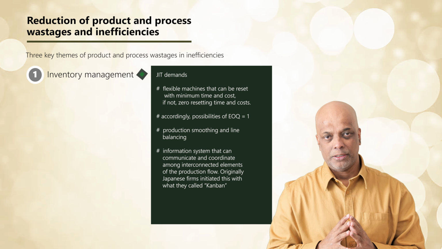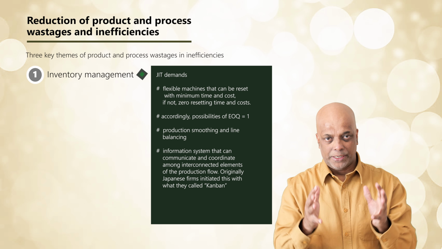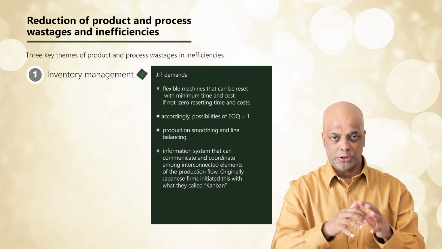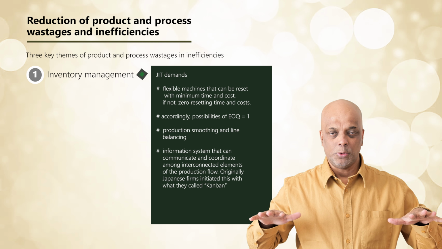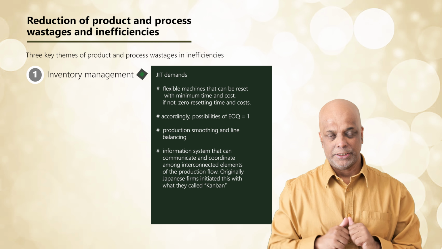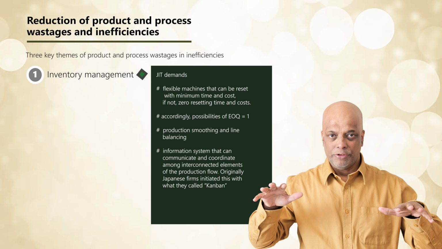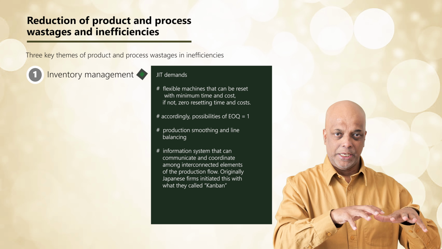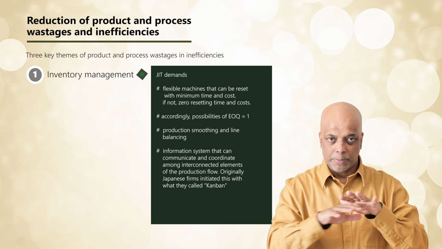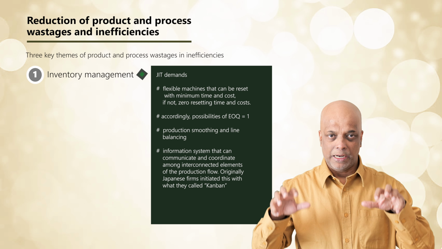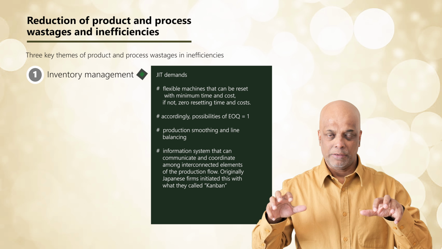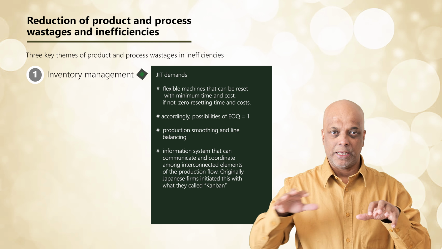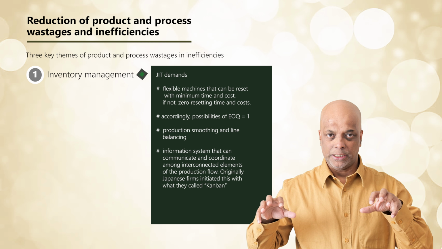And to do that, not only flexible machines, you need production smoothing or line balancing. That basically means various stages or various processes in the production line should be balanced. For example, there are 2 production units here.